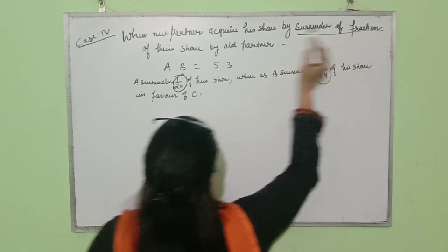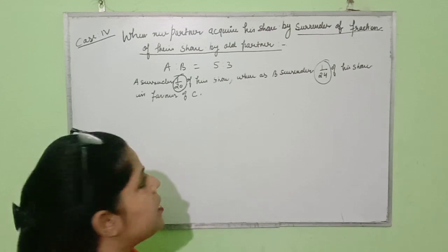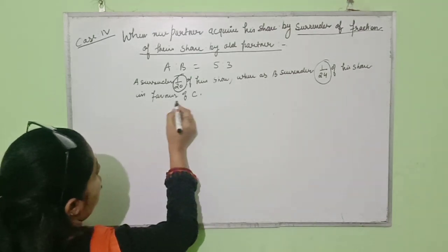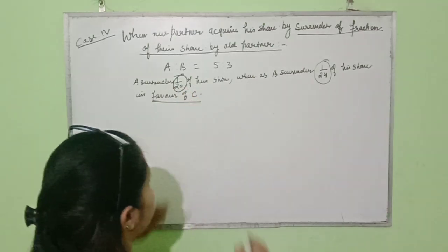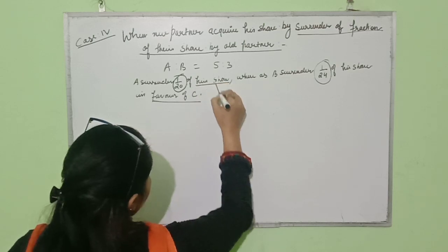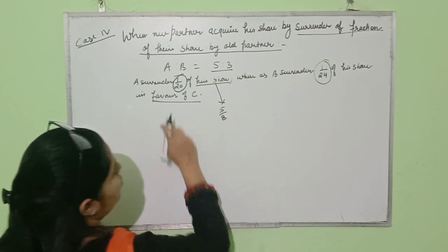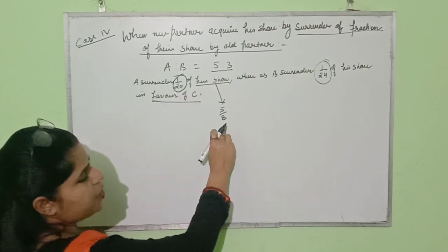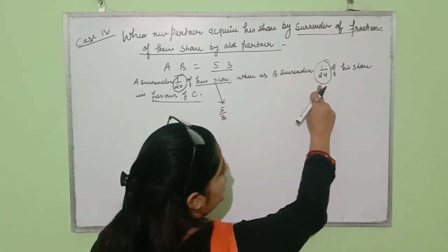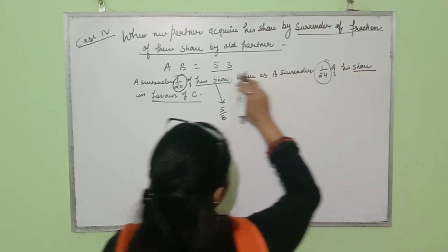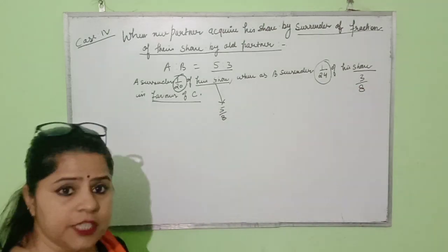Surrender of a fraction of their share by the old partners. किसके लिए फ्रैक्शन सेक्रीफाइस कर रहे हैं ये लोग, सरेंडर कर रहे हैं इन द फेवर ऑफ C. So A surrenders 1/20 of his share, तो A का शेयर कितना था, 5/8 था. इसका मतलब 1/20 of his share, A का 5/8, whereas B surrenders 1/24 of his share, B का कितना था, that is 3/8. तो इस तरीके से हम लोगों ने फर्स्ट स्टेप निकाल लिया कि कैसे हमको फर्स्ट स्टेप करना है.